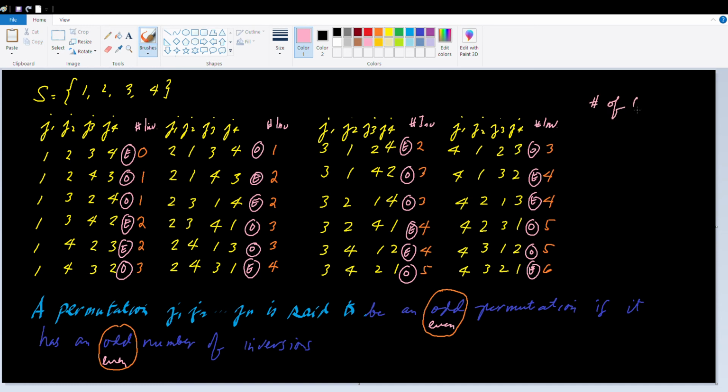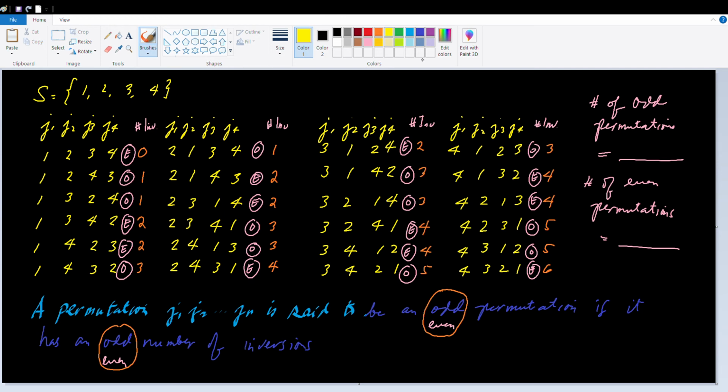At this point, will you count the number of odd and even permutations? So the number of odd permutations and the number of even permutations. Okay, for odd permutations, how many? 1, 2, 3, 4, 5, 6, 7, 8, 9, 10, 11, 12.